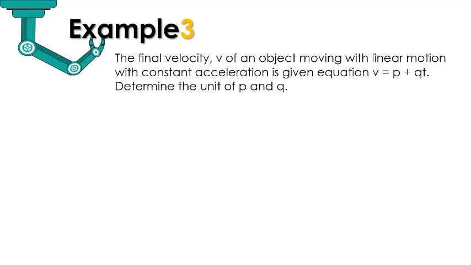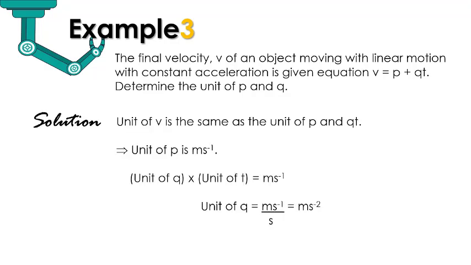Example 3. The final velocity v of an object moving with linear motion with constant acceleration is given by the equation v equals p plus qt. Determine the unit of p and q. From the equation, p and qt have the same unit as v.